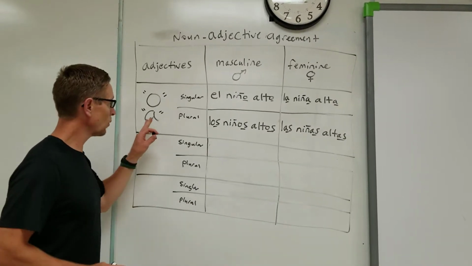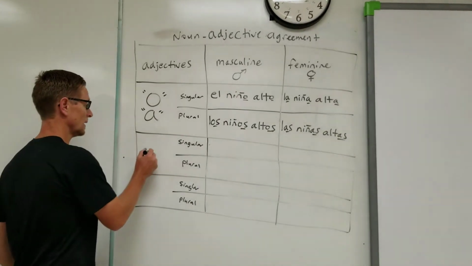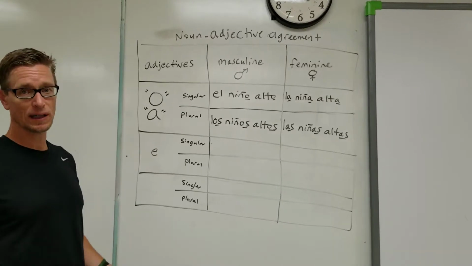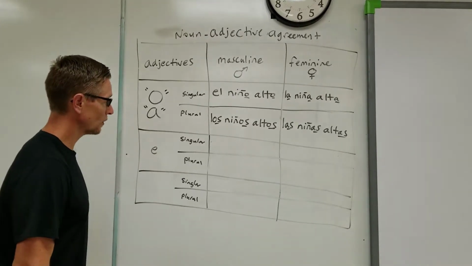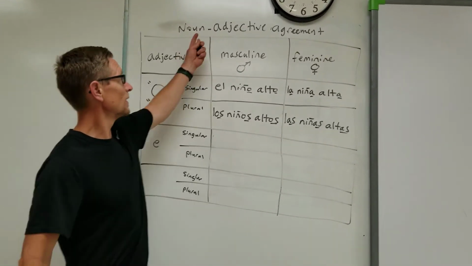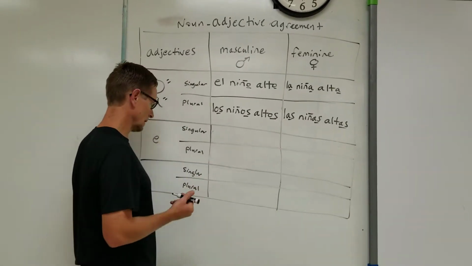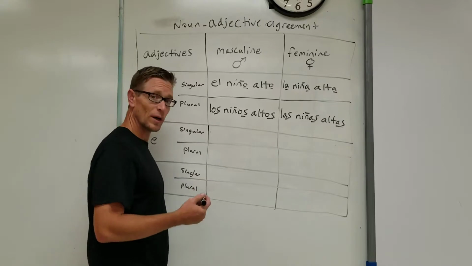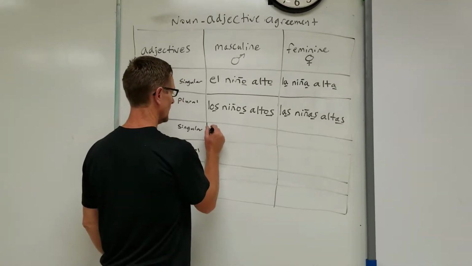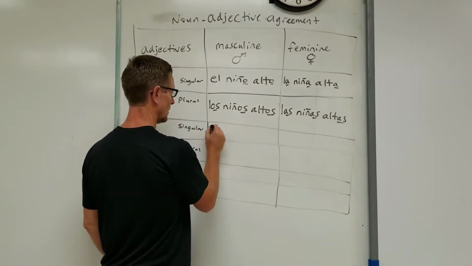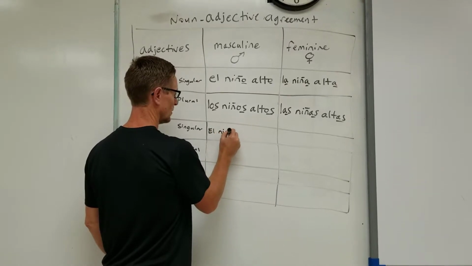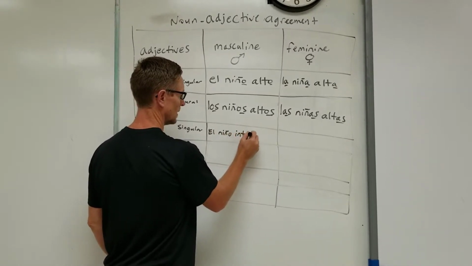Now, not all words end in O or A. Some words end in E, like alegre or inteligente. And so we still have to make sure that our nouns and adjectives agree. So if you want to say the intelligent boy, it would be el niño inteligente.